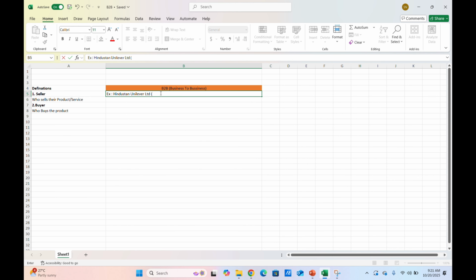Basically, we all know that Hindustan Unilever is a manufacturing company for fast moving consumer goods, FMCG. So what are fast moving consumer goods? They manufacture soaps, paste, hand wash, detergents, and many things.